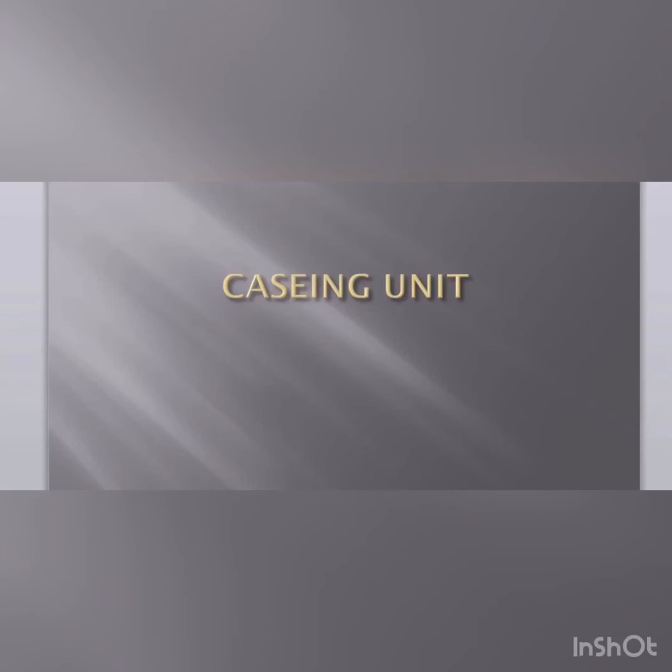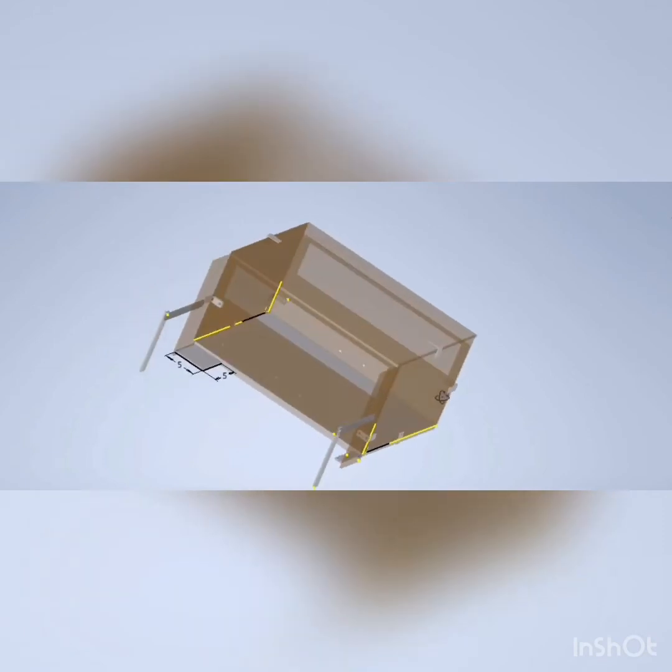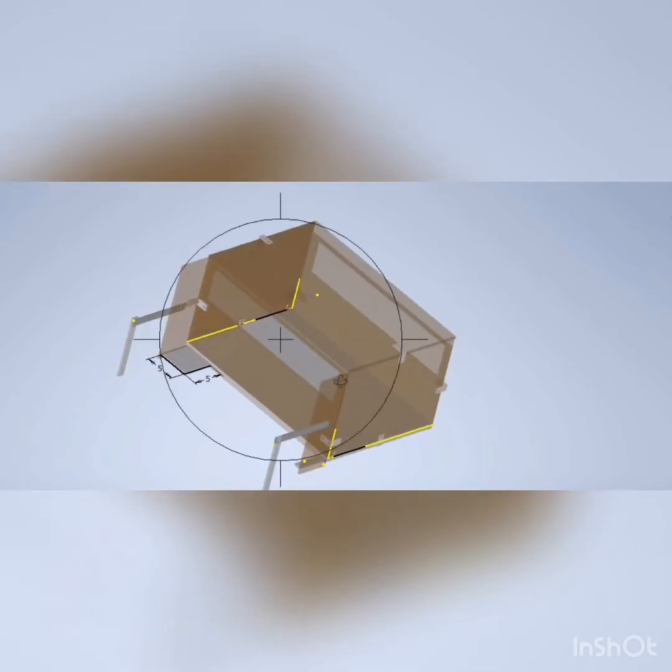Casing unit. It consists of sheets of acrylic sheet with the thickness of 3 mm, and these are attached with the L clamps of 4 cm. And this is a platform like a structure where rolling brush motor will sit, and this acts as a link which helps to rotate the dust box to throw the dust.